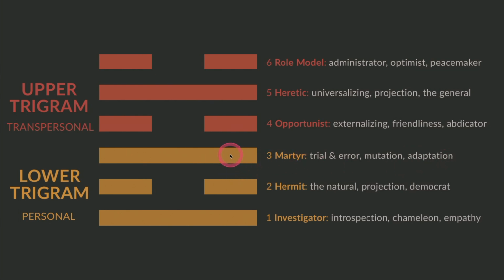So here we're back to a yang line. Where the hermit was a little more introspective, the martyr now is going back out into the world, can now leverage the natural talents that the hermit has established and really go put everything to the test. Trial and error. Third line personalities tend to bump into things in life, right?